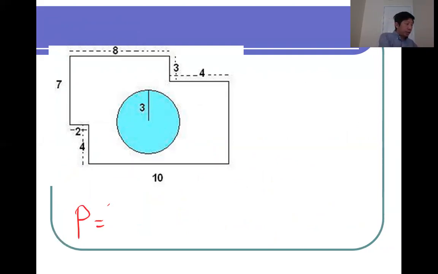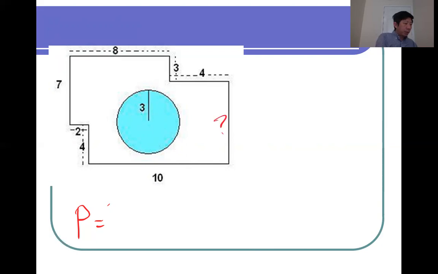So I take 7 plus 2 plus 4 plus 10. Now, what about this one? How are we finding out this side?